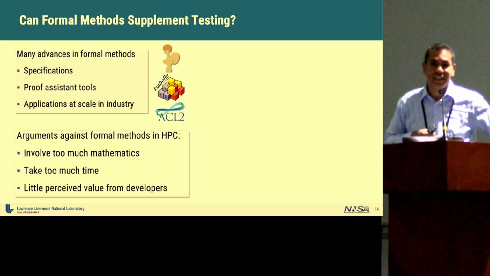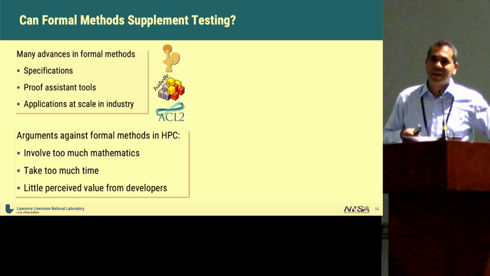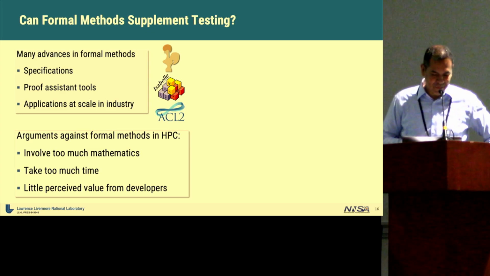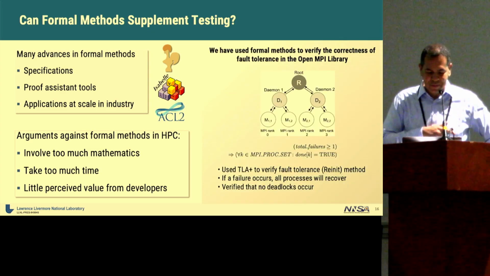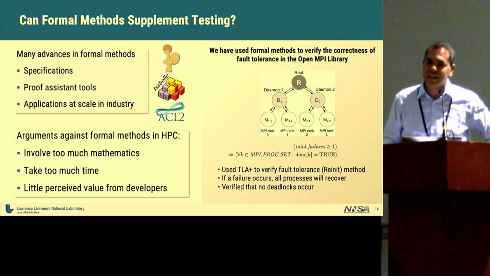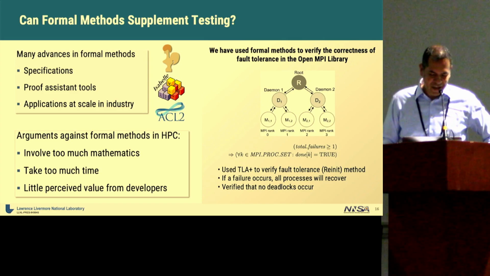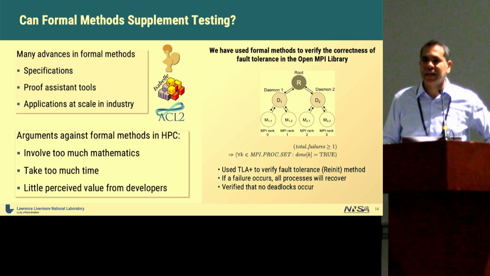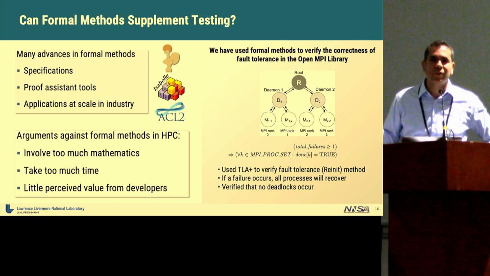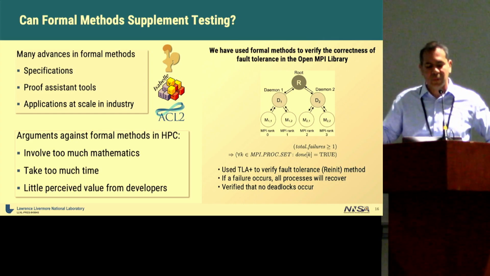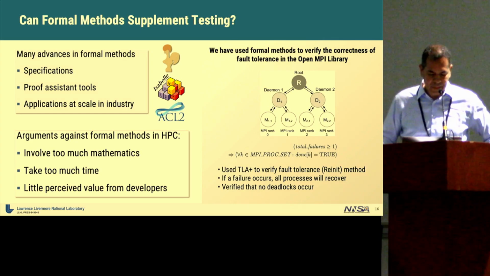But I have to say that formal methods have a role to play in HPC. We have used formal methods, and I want to give you an example for verifying some code that we actually run in the clusters. We used formal methods to verify the correctness of fault tolerance in the OpenMPI library. We implemented a fault tolerance algorithm, the Reinit algorithm, in the widely used OpenMPI library. This work was funded by ECP.